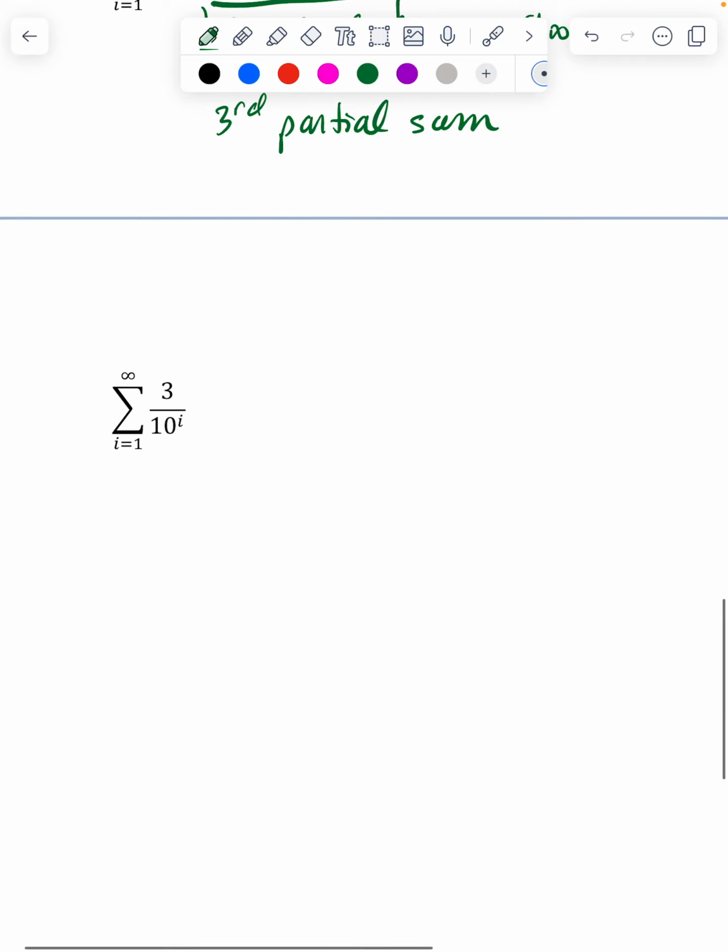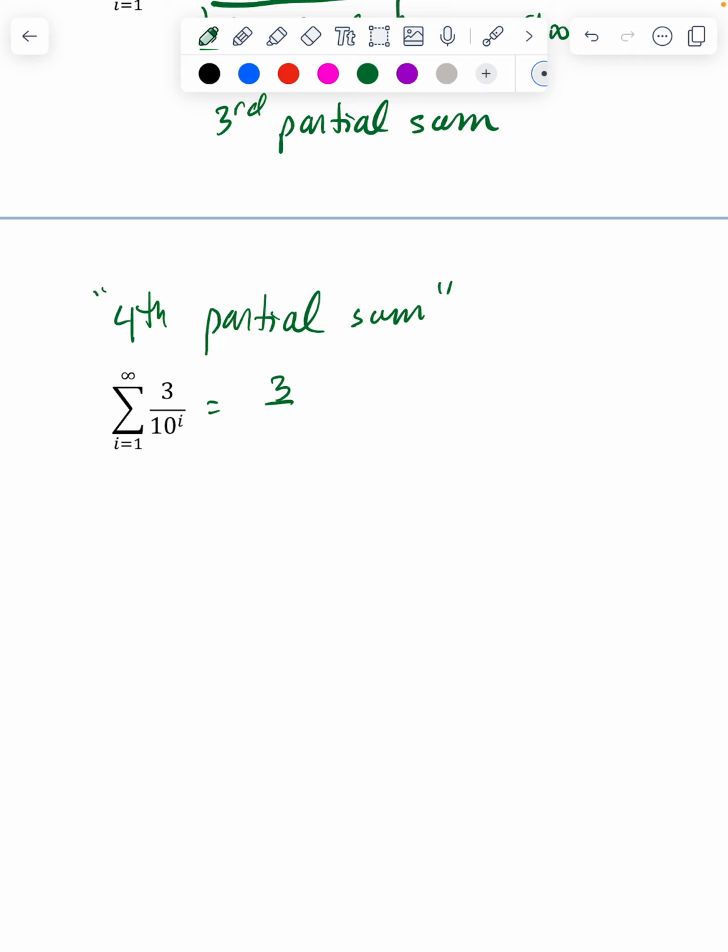So if you're looking down here and it asks you for the 4th partial sum, that would be the instructions. You just say, that's going to be 3 over 10 to the first plus 3 over 10 to the second plus 3 over 10 to the third plus 3 over 10 to the fourth, because it said 4th partial sum. We already did this.